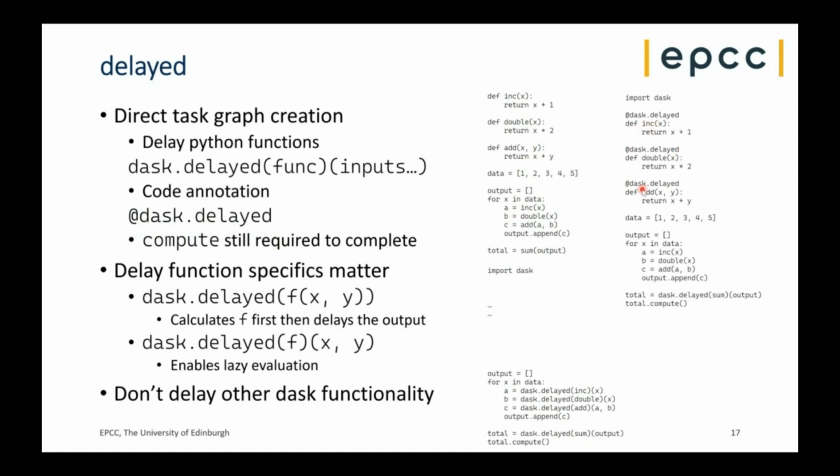So if you want them all to be delayed functions, then all you need to do is dask delayed the functions. We are going to delay this sum at the bottom here as well, because that's not something we've defined here, and then run the compute on it, and that will do exactly the same thing. So this example here and this example here should be functionally equivalent.